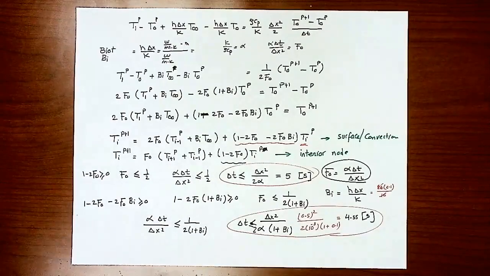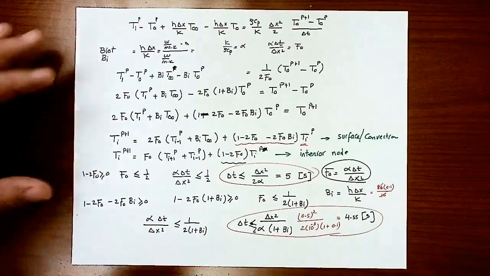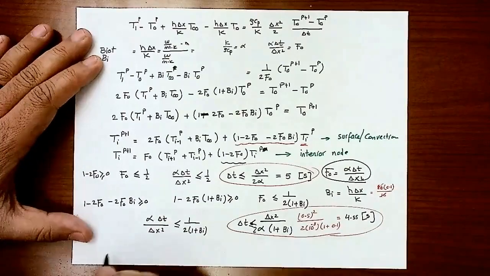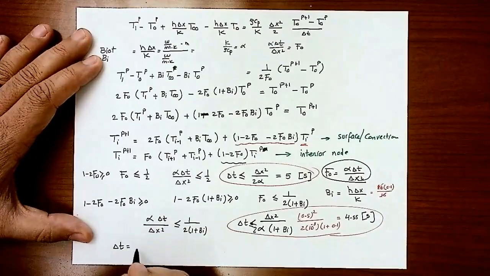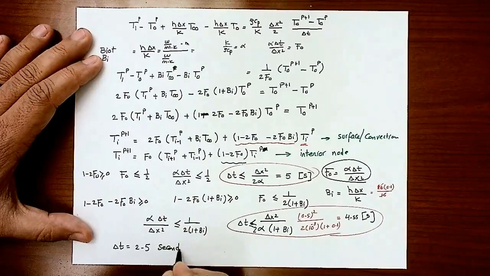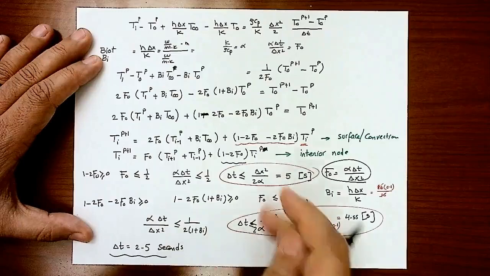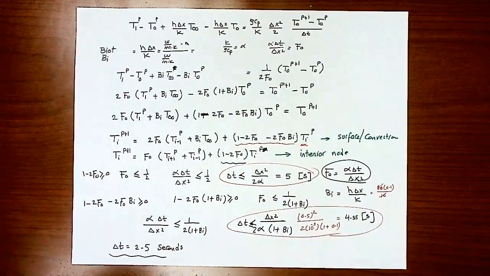So if you pick delta t equal to 4 seconds, that satisfies both of them. Based on what we did in the previous example, delta t selected to be 2.5 seconds was more than satisfying both criteria here. So that value is working fine. I can use that value and proceed in my calculation.